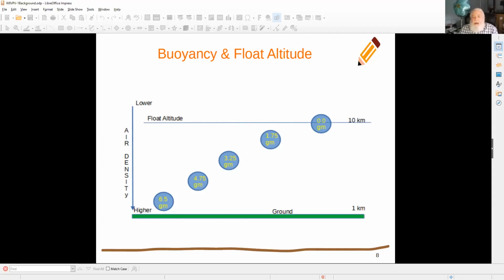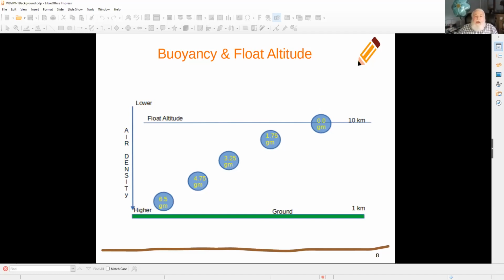As the balloon rises, the air is becoming less dense, so the neck lift drops off. Somewhere along the line it dropped to 4.75, let's say, and then it went higher and dropped off to 3.25, and then even higher and dropped off to about 1.75. And of course, it's dropping off in a somewhat continuous manner.